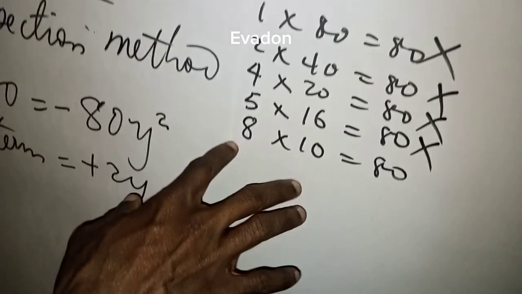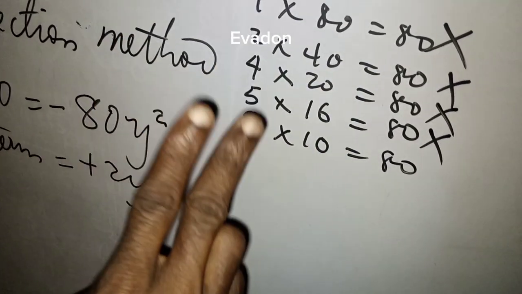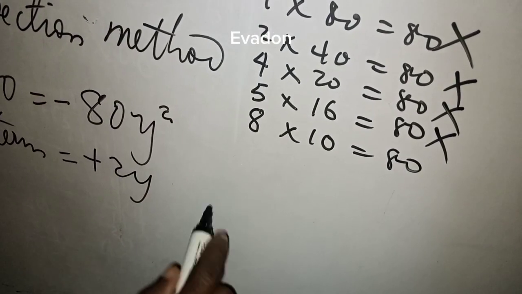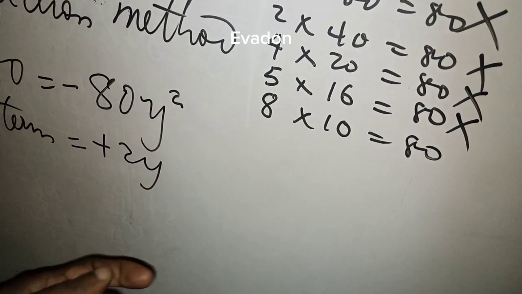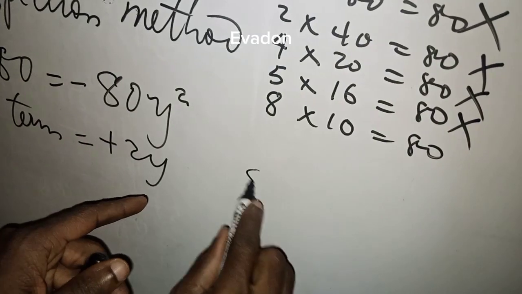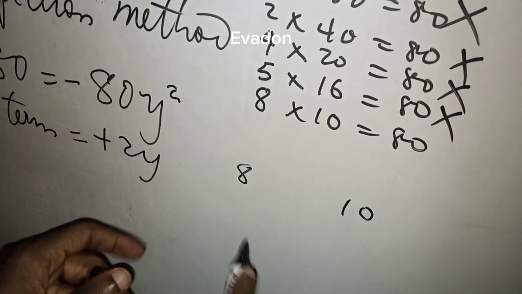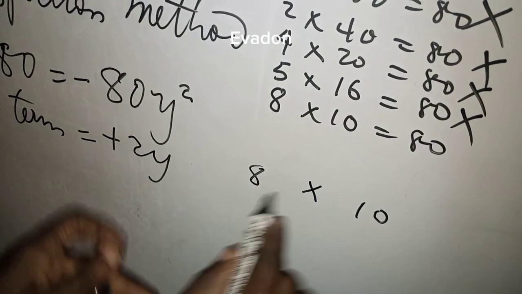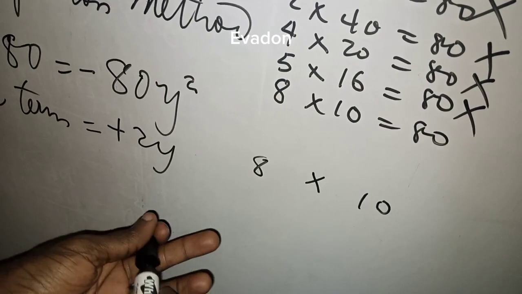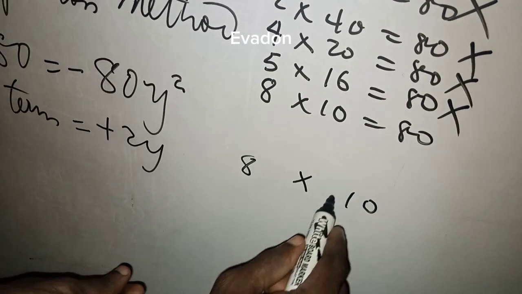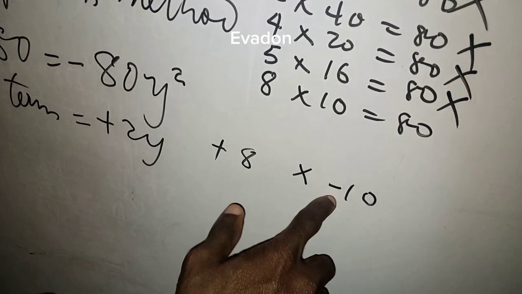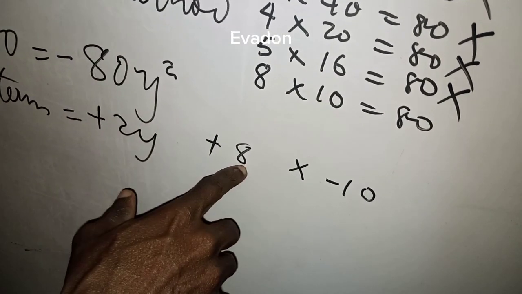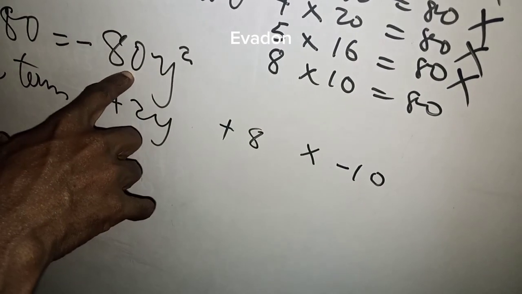If you look at the difference between 8 and 10, it is 2. So there's a way we can manipulate it. For us to manipulate this successfully, we will bring 8 and we will bring 10. If we multiply out and put minus here and plus here, minus times plus, minus 8 times 10 is minus 80.